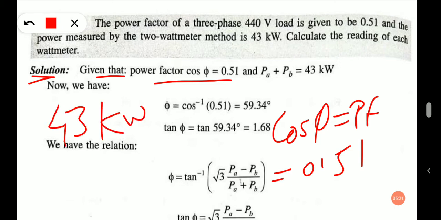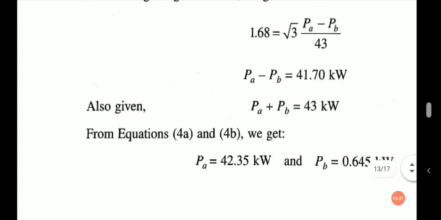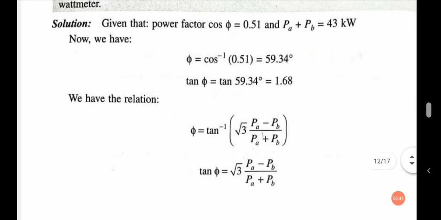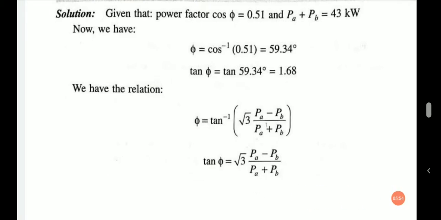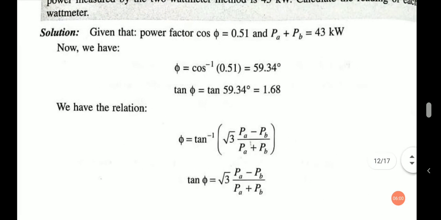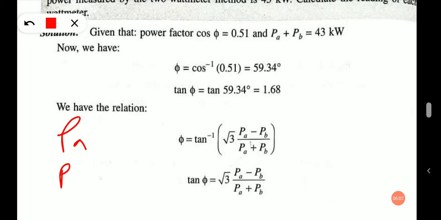That means PA plus PB is given, that is 43 kilowatt, and here we have to calculate the reading of each wattmeter, that is PA and PB.